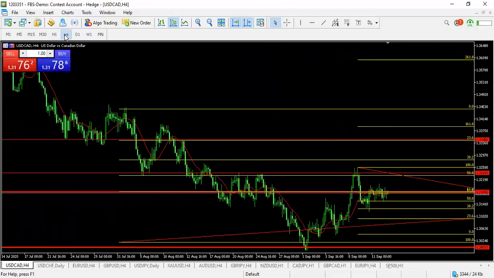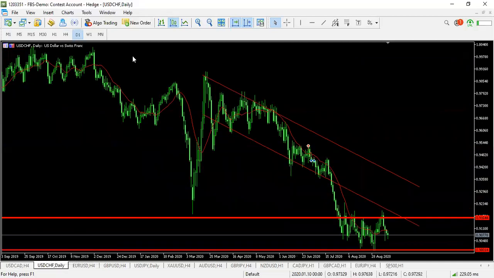Best place to sell would probably be the 132.900, 132.700 zone. So around this zone would be the best place to sell. However, I would rather go with a buy because of these levels, the 0.0 and 100 zone. So that's why I would go with a buy.